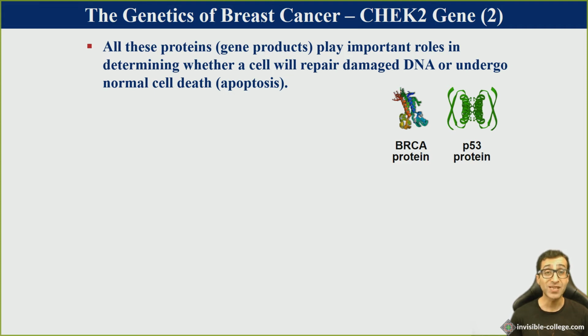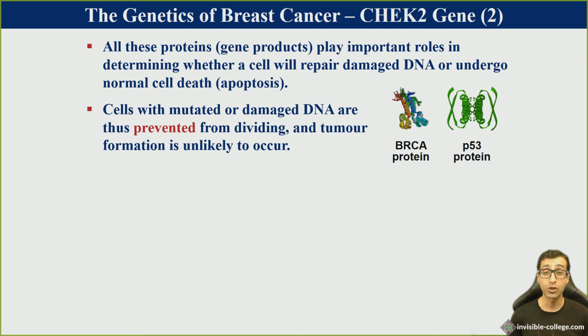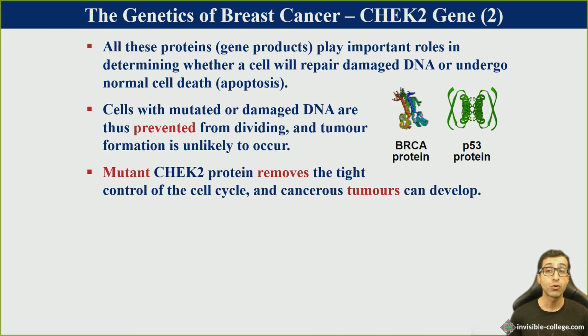So cells with mutated or damaged DNA are therefore prevented from dividing uncontrollably, and in turn this prevents the formation of tumours. So mutant CHEK2 protein removes that tight control of the cell cycle and therefore makes cancers and the development of tumours more likely.